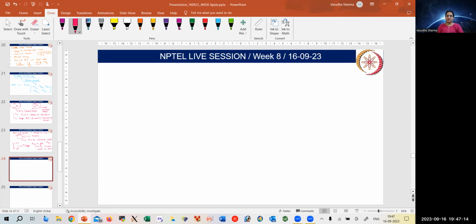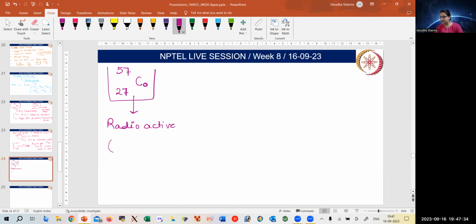So what generally happens? Instead of taking iron-57, we take cobalt-57. This is a radioactive isotope of cobalt, which has a half-life of 270 days, which means after 270 days, it will slowly convert to iron-57, atomic number 26.